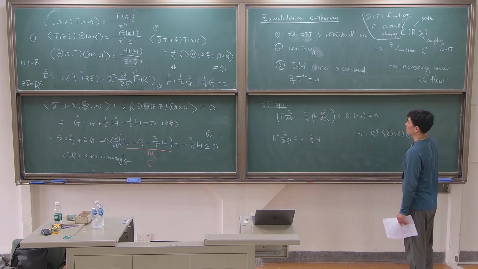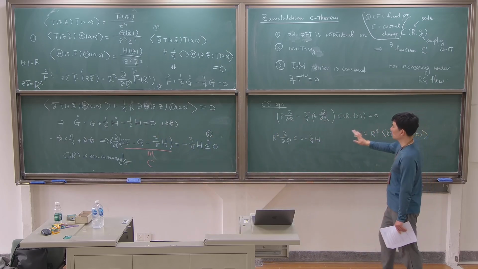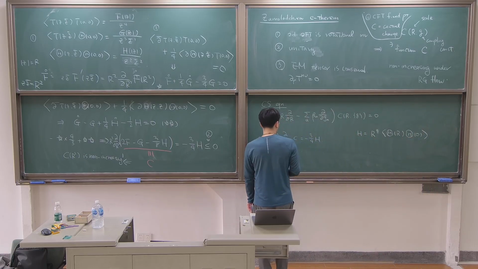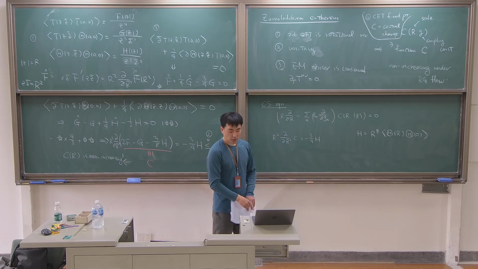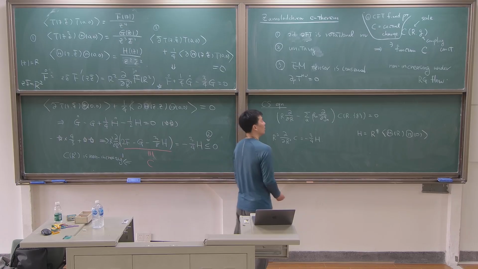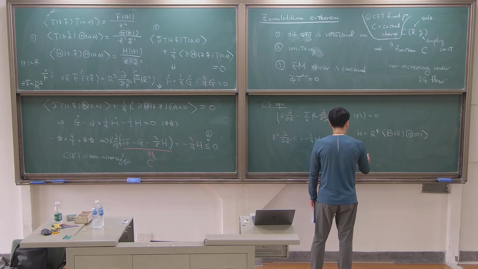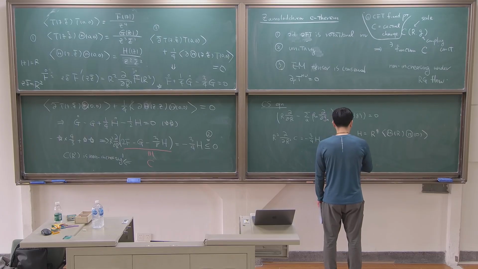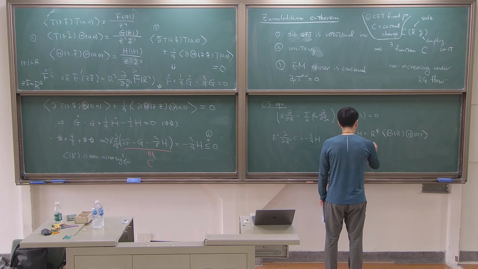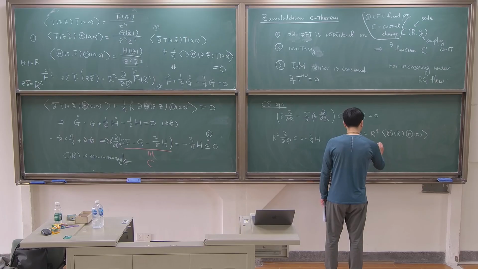And then you can just plug this one in. Here we can use the chain rule, sorry, I got confused. Delta r squared is del r squared times del r.